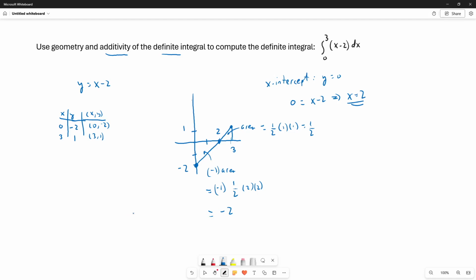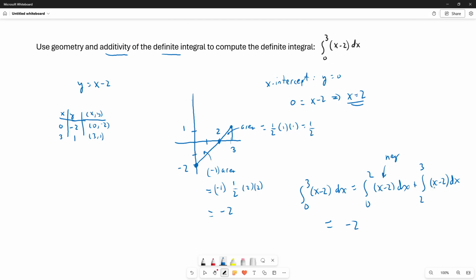And so the additivity of the integral is saying that the integral from 0 to 3 of x minus 2 dx can be split into the integral from 0 to 2 of x minus 2 dx plus the integral from 2 to 3 of the same function. And now, for the first integral, our function is negative, and so the integral gives us negative 1 times the area, which was negative 2.